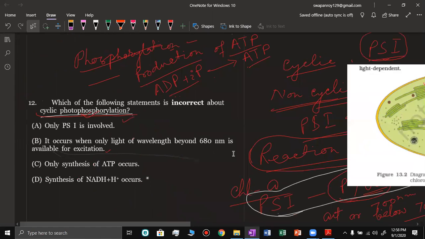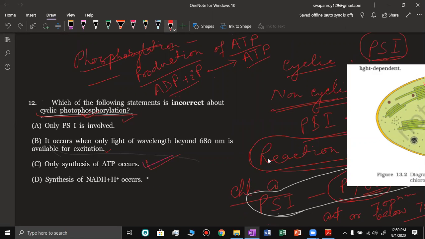Next, only synthesis of ATP occurs. This is also correct, only the synthesis of ATP takes place. And synthesis of NADH occurs.